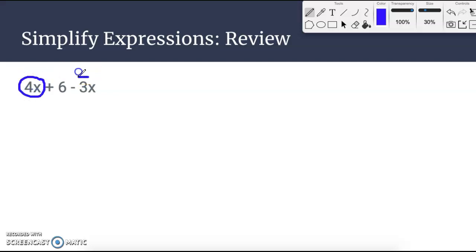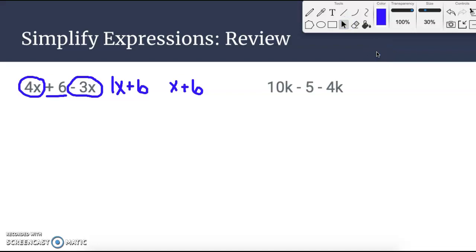We have 4x and minus 3x, or negative 3x, and this is just like 4 minus 3, which is 1x, and then plus 6 is a constant, so it's not a like term, but there's no other constants, so we are just going to include that in our answer, 1x plus 6, or we can ignore that 1 and just write it as x plus 6. These expressions mean the same thing, and they are written in simplest form because they no longer have any like terms and there are no parentheses.